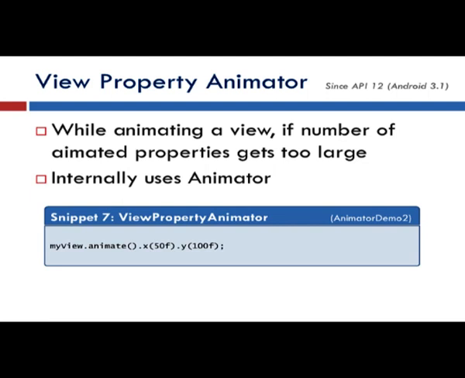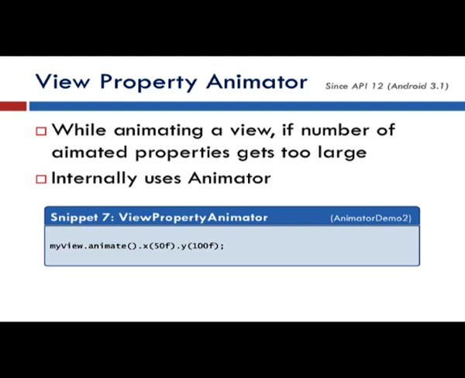This returns a ViewPropertyAnimator object. It has methods x, y, scale, etc. We have specified x, so it will go from 0 to 50, and we have specified y, so it will go from 0 to 100 simultaneously.